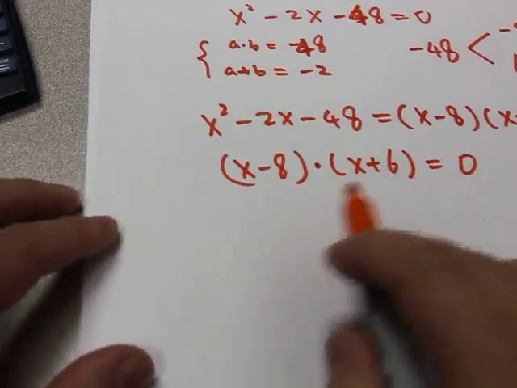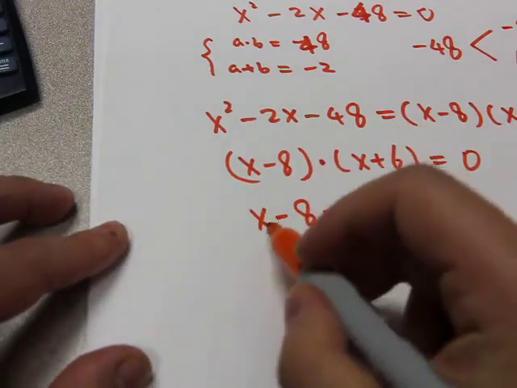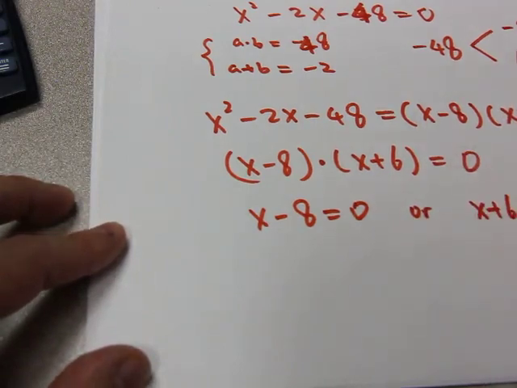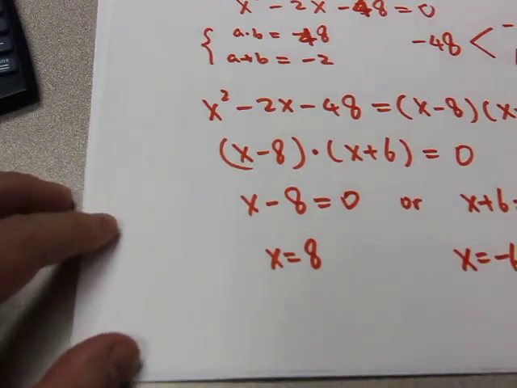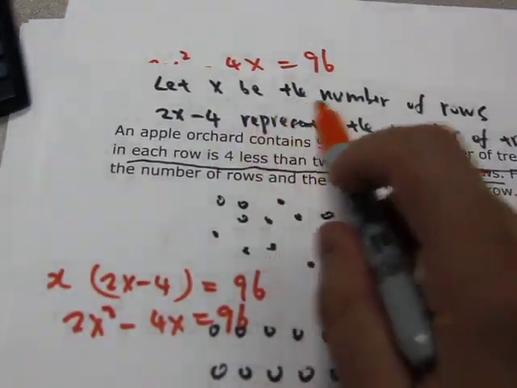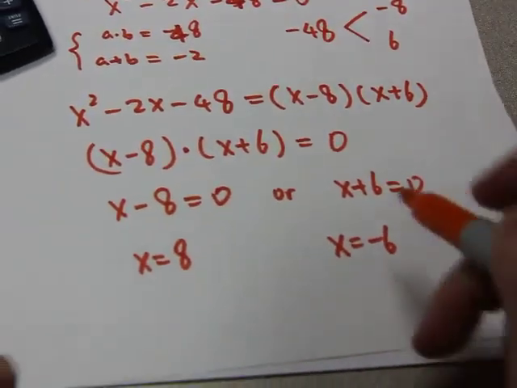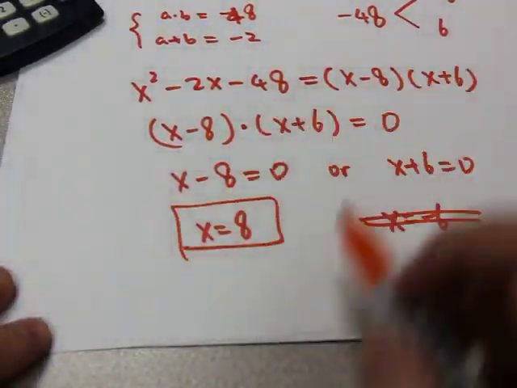And then according to the zero product property, we have two equations: x minus 8 equals 0, or x plus 6 equals 0. So we have two solutions. However, remember we let x be the number of rows, right? So x cannot be a negative number.